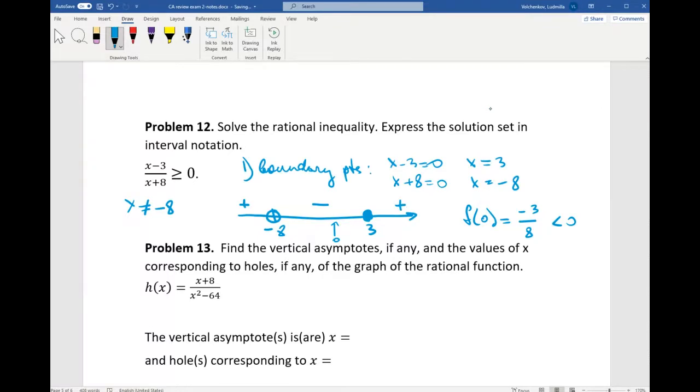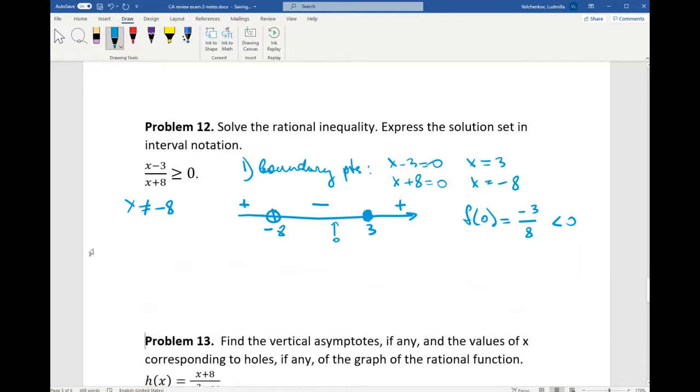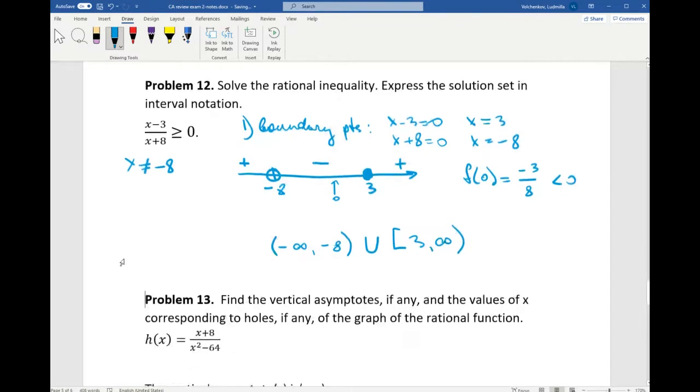So the function will be greater than or equal to 0 on two intervals: from -∞ to -8, not including -8 since it's not in the domain of the function f, and then on the second interval from 3 to infinity.